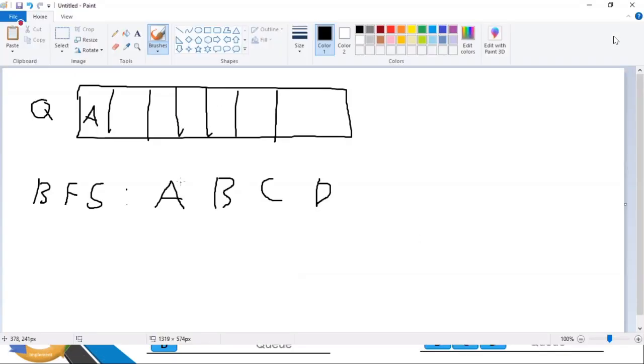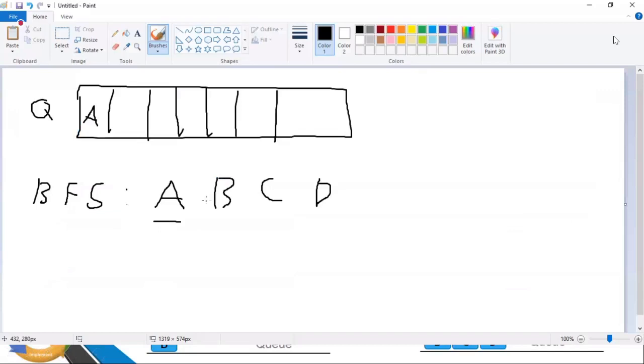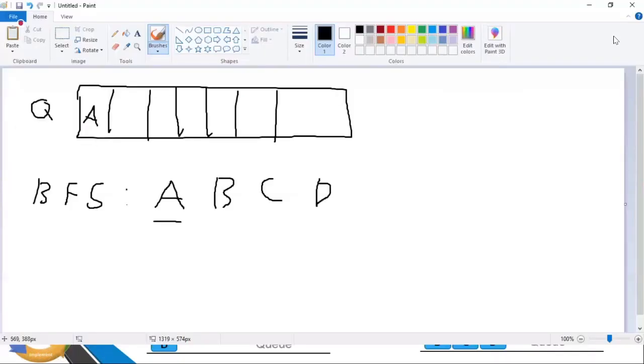Because now I am here at A. I selected A. So I visited all the adjacents B, C, D. Of course, F and E have no relation. There is no edge that goes to E or F. So now I visited all.